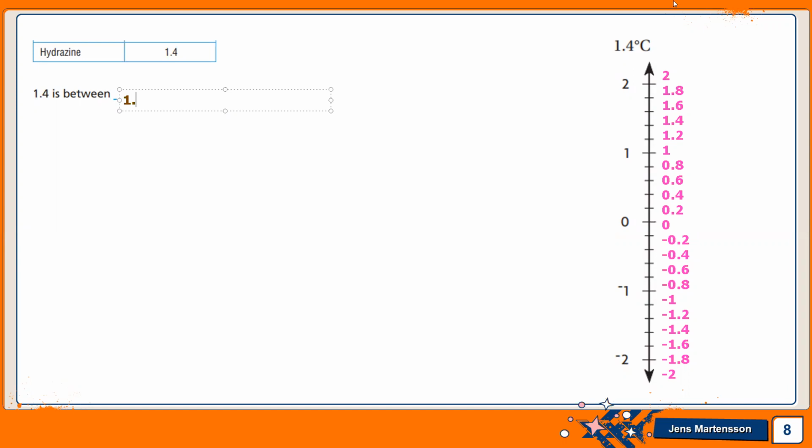Now, what is here on the number line? 1.2 and 1.6. Bravo. So where does it locate now? Where is 1.4? It will be here, between 1.2 and 1.6. Thank you so much.